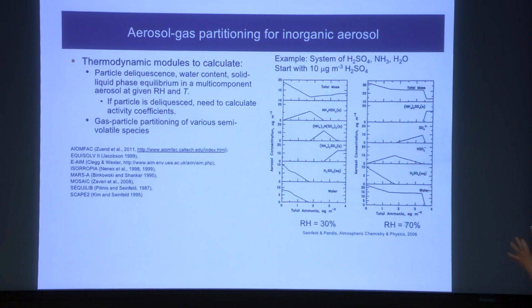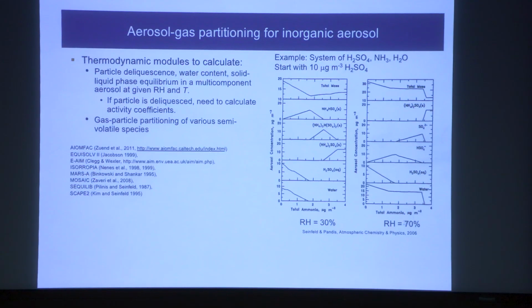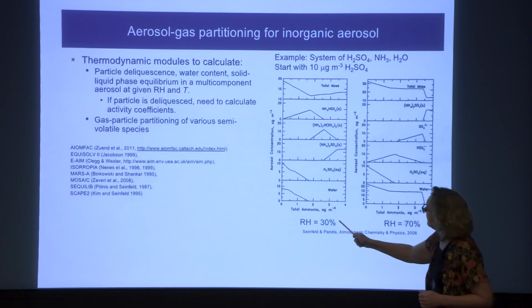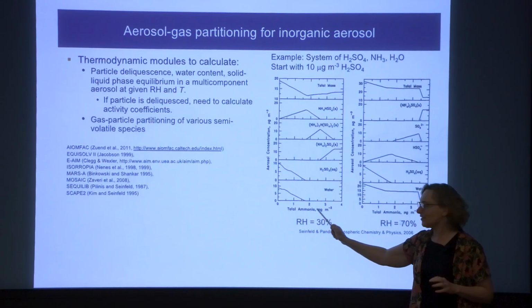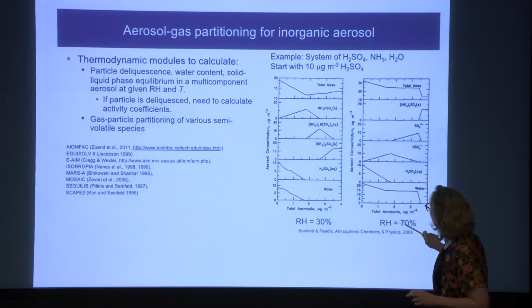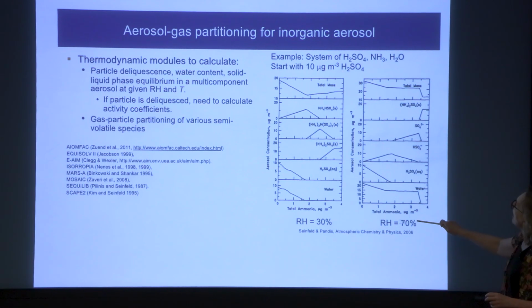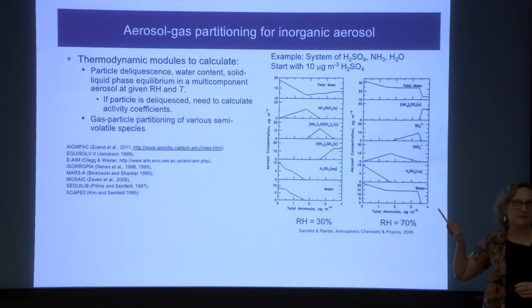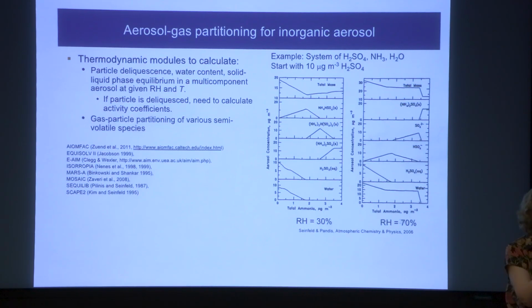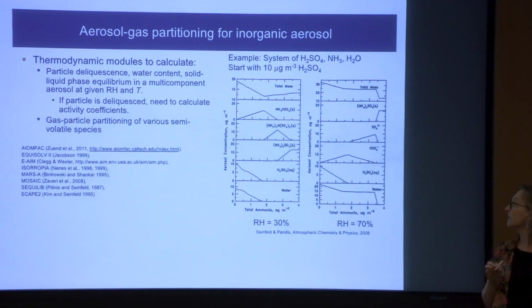Okay, and I think the thing I want to highlight is just by changing the meteorological conditions, relative humidity, from not very high to a little bit higher, you get very different results. So you have the same sort of mixture of chemicals, right?